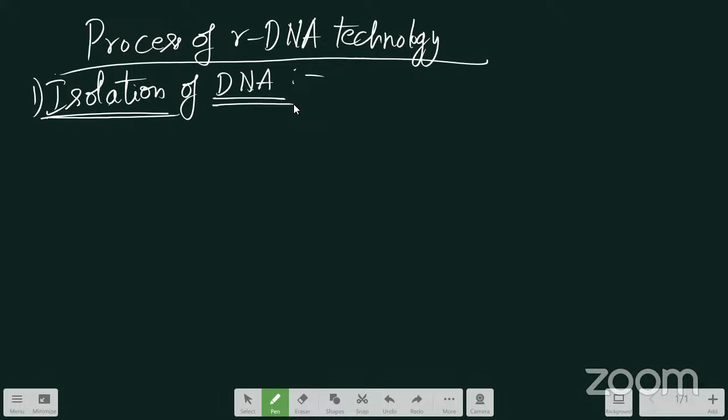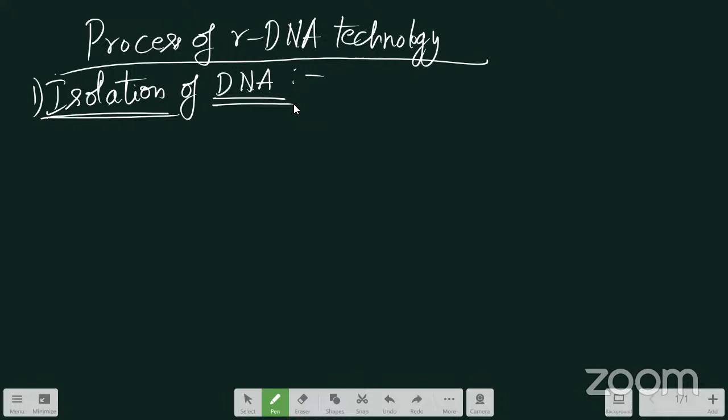Then the cells need to be immersed in different chemicals, so that the cell wall will be degraded. For plant cells, cellulase is the enzyme used. Animal cells do not have a cell wall, so no need to discuss that. For the fungal cell, there is the chitinase enzyme, and for the bacterial cell, it's the lysozyme enzyme.